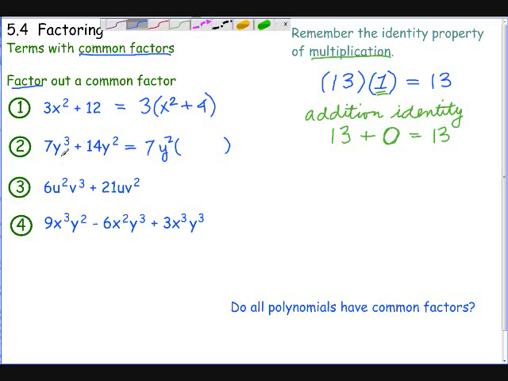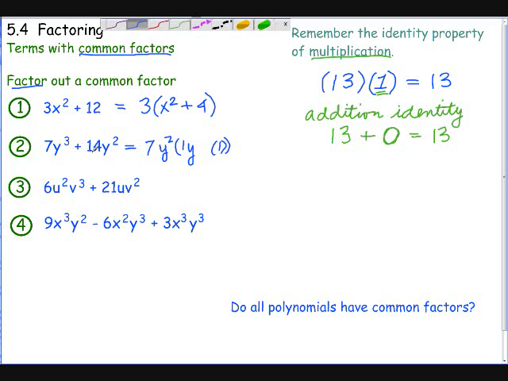All right, so back to this one. When I divide 7 by the 7 I'm taking out of it, I have 1. Indeed. When I divide y cubed by y squared, I am left with y. And when I divide y squared by y squared, I get 1.